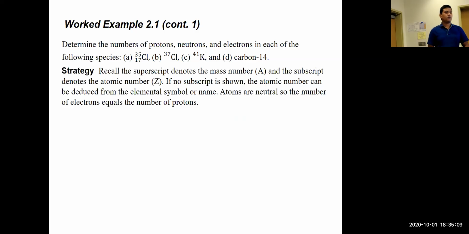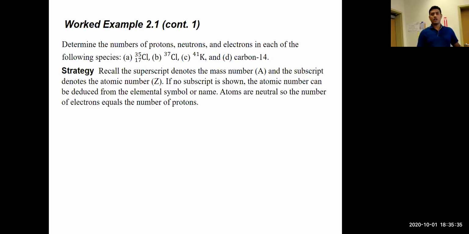Okay. Problem C says potassium 41. It didn't give any atomic number because the number 41 looks like its mass number, because it is written on top of the element. If you look up potassium in the periodic table, you will find that it has the atomic number of 19. So it should have 19 protons.